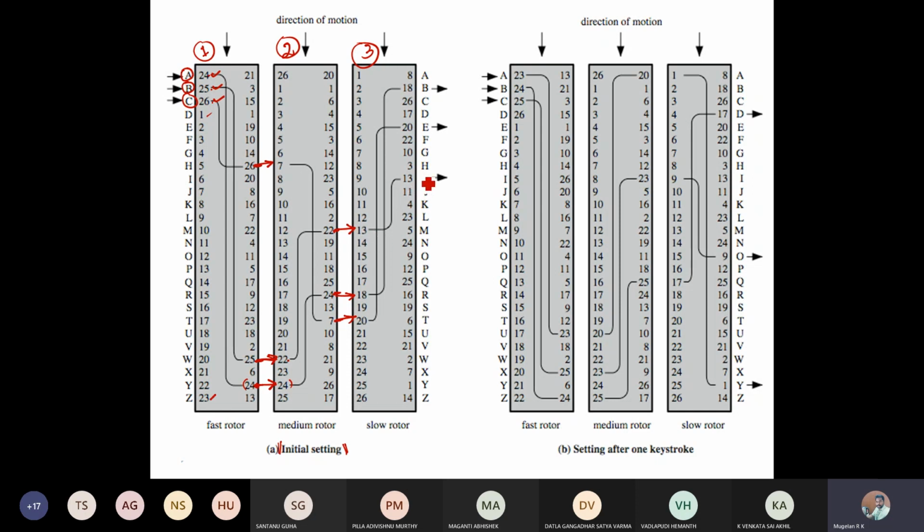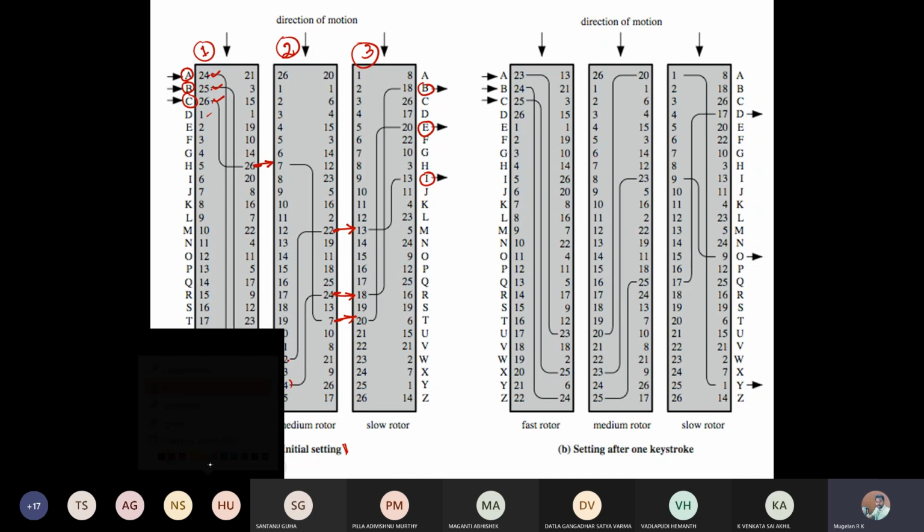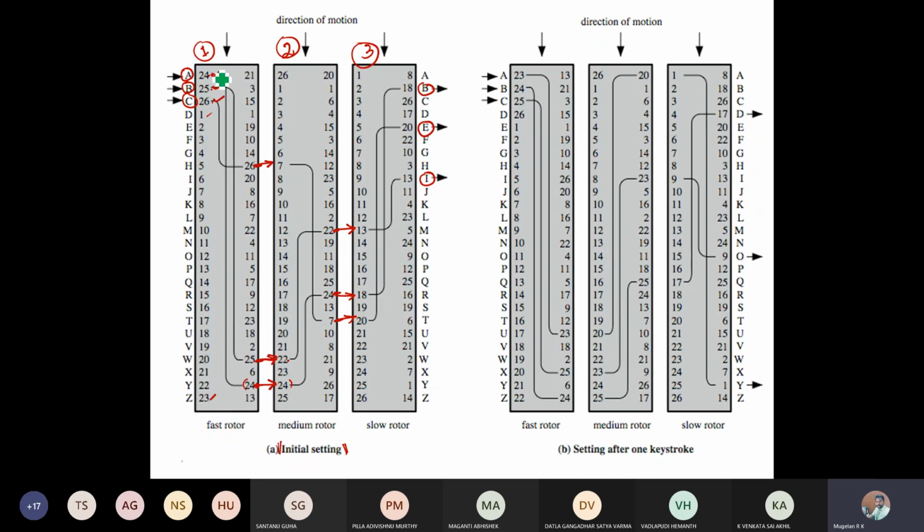That is, 13 is taken as I, 18 is taken as B, and 20 is taken as E. So if you trace the values, for example, A starts from 24, goes to 18, and from 18 we got B. So if we transmit A, B, C, A will be replaced with B, and B, the 25th pin, goes to 22, and from 22 it moves to 13.